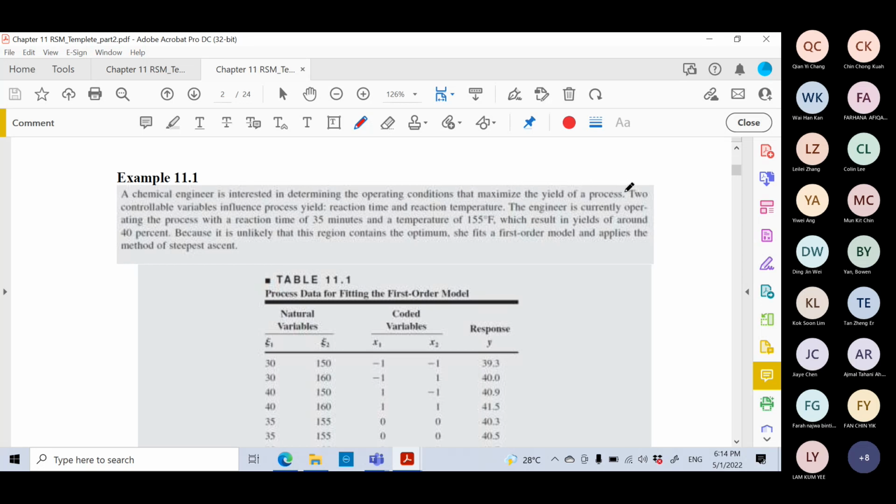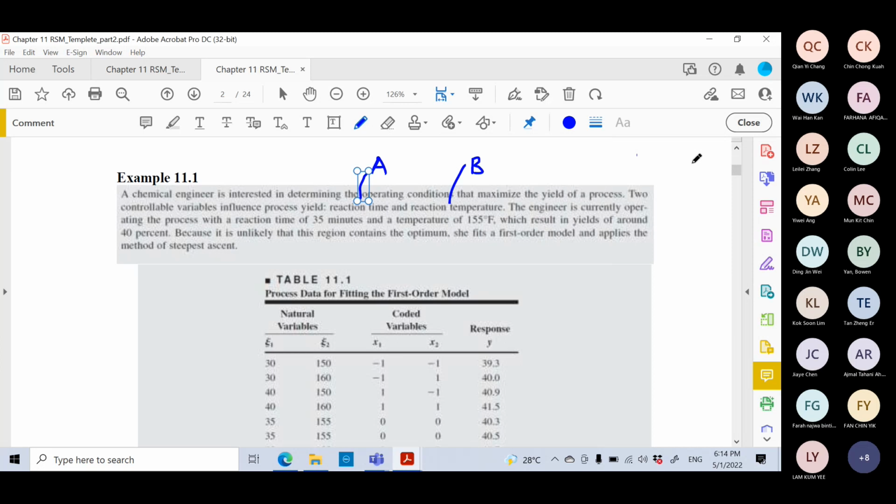Two controllable variables influence the process yield. The first one is reaction time, and the second one is reaction temperature. Same as what you have studied before. The first is factor A, and the second is factor B.